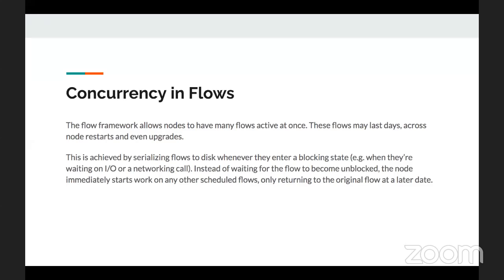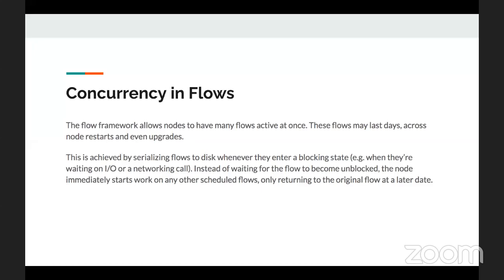Contract execution we have to do synchronously, but flows may last for days, across node restarts and even upgrades. So the flow is persisted, right? This is achieved by serializing flows to disk whenever they enter a blocking state, when they are waiting on input, output, or a networking call.